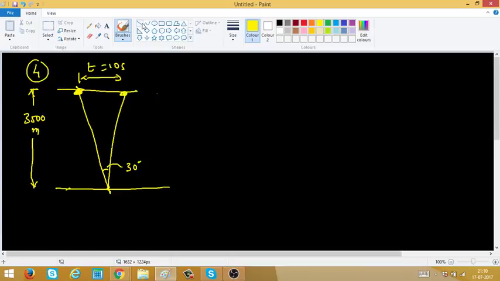Now what I can do is I can draw a line like this vertically over here, and obviously this angle is going to be 15 degree. So if I call this O, A, B and C, then if I look at triangle OAB, this particular distance OB is 3,500 meter from here to here.